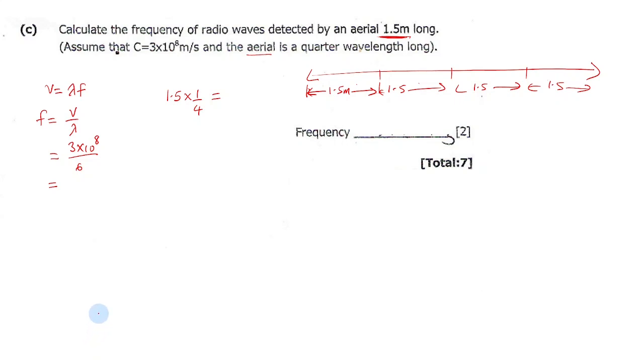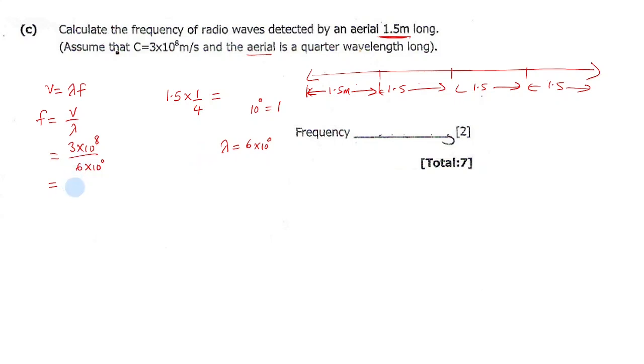Here you can even say times 10 to the power 0 so that it becomes easy to do the division. We found the wavelength is equal to 6. Multiplying by 10 to the power 0 is just 1, so I haven't done anything.